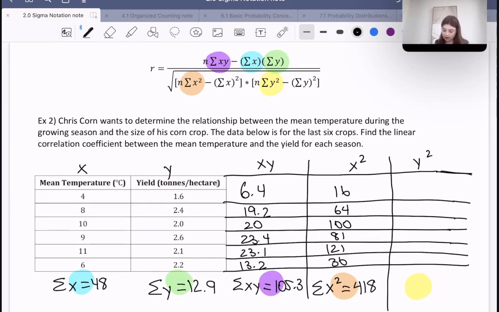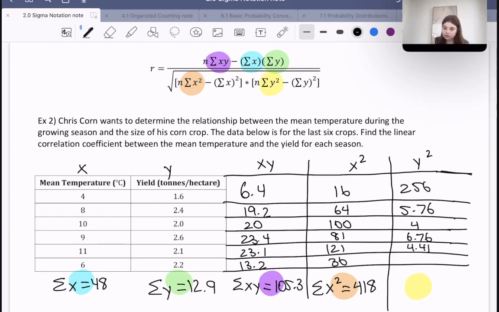And then the y squared values. Okay, so 1.6 squared is 2.56. Beautiful. 2.4 squared is 5.76. 2 squared is 4. That one we know. The next one, 2.6 squared is 6.76. 2.1 squared is 4.41.